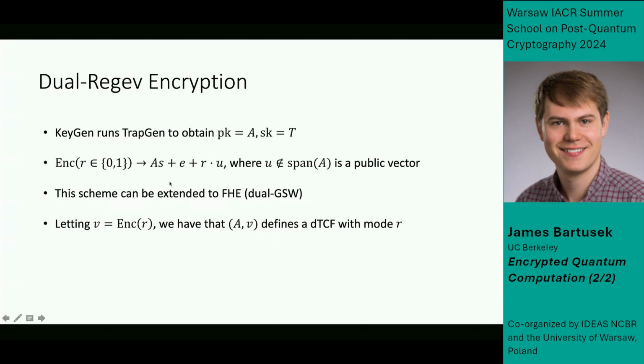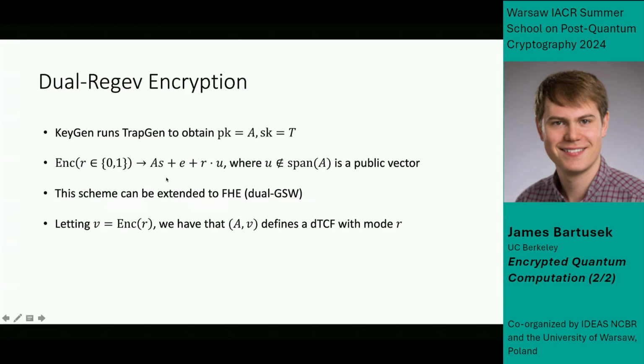But this is also exactly the construction of dual mode TCFs that we just saw, right? So if I let my encryption of R be the vector V, then this matrix A along with this vector V is exactly a dual mode TCF in mode R. This is exactly the construction we saw, right?